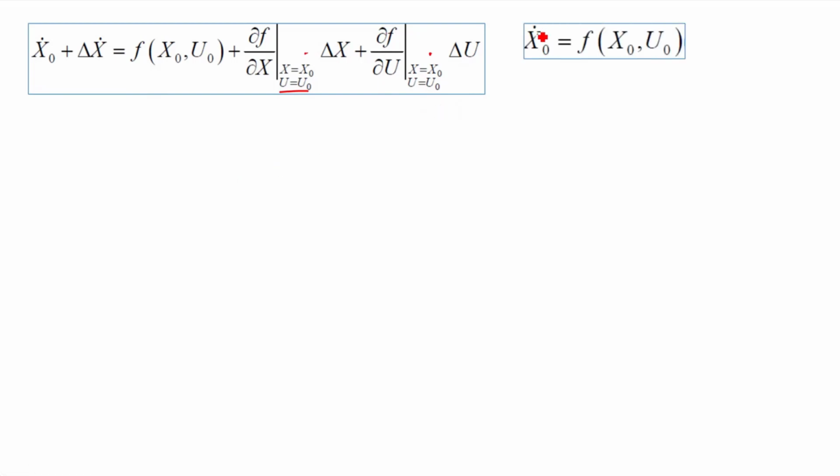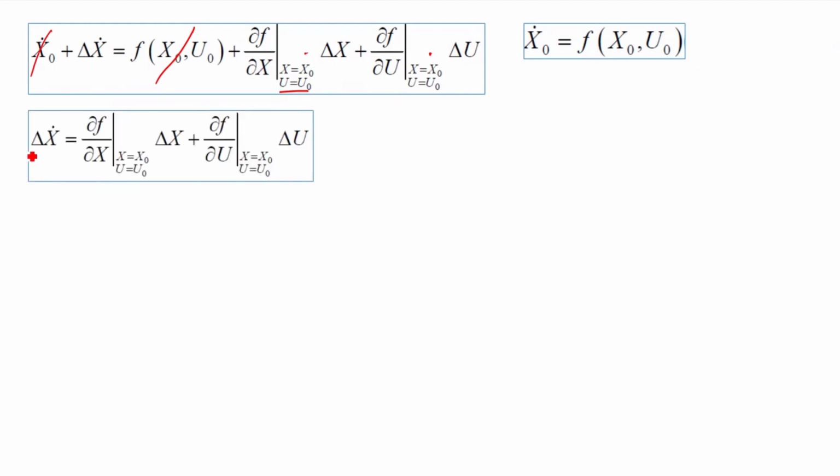Now we know x0 dot is equal to f of x0, u0, right? So this will be cancelled from both sides, and delta x dot will be equal to delta f by delta x evaluated at x equal to x0 and u equal to u0 into delta x, plus delta f by delta u evaluated at x equal to x0, u equal to u0 into delta u.